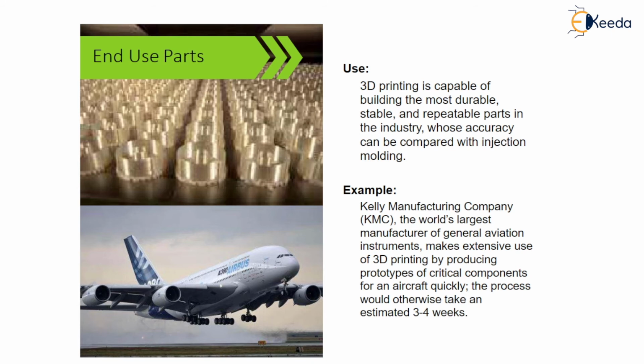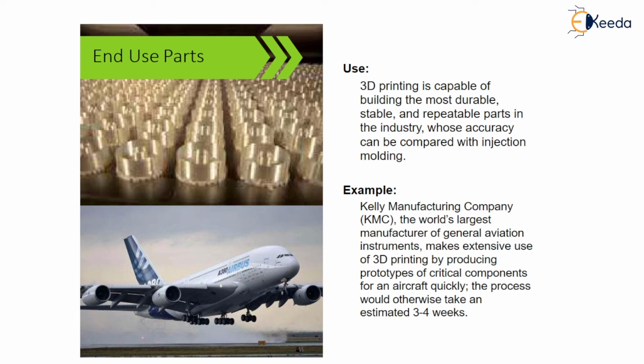Then end use parts. 3D printing is capable of building the most durable, stable and repeatable parts in the industry, whose accuracy can be compared with injection molding. Remember, one of the components used in aircraft is shown in this figure, where the manufacturing company KMC, the world's largest manufacturer of general aviation instruments, makes extensive use of 3D printing by producing prototypes of critical components for aircraft quickly, a process that would otherwise take an estimated 3 to 4 weeks.